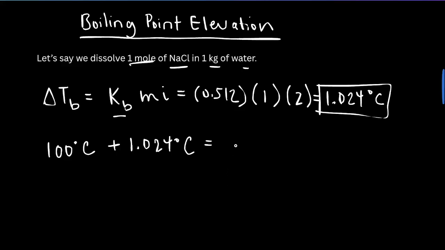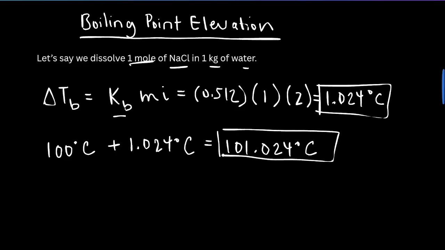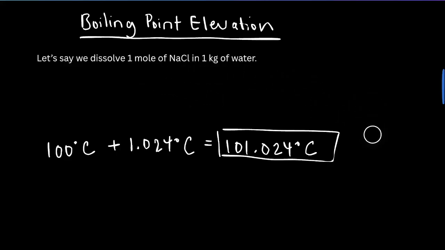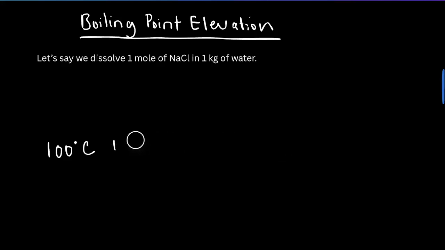And so now this solution is going to have a boiling point of 101.024 degrees Celsius. So this is going to be our new boiling point. So hopefully that is clear. This isn't something that's too complicated. Again, you just have to identify what each part of the formula would be from your problem.